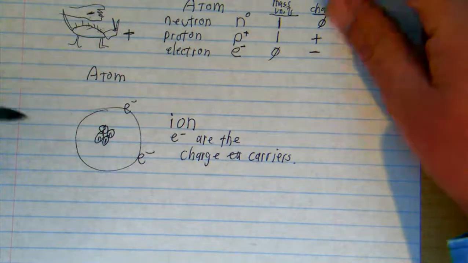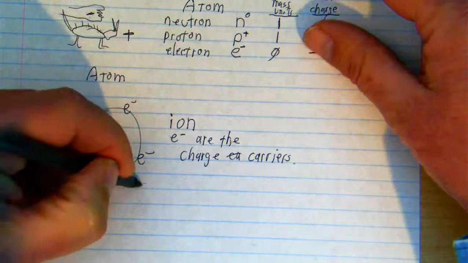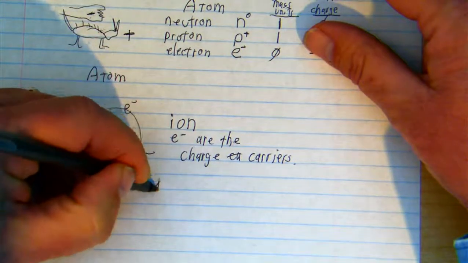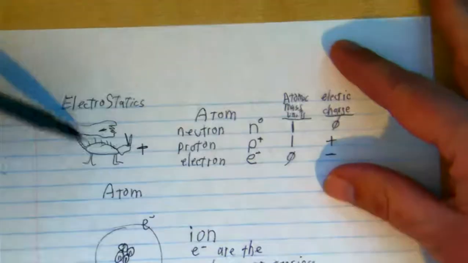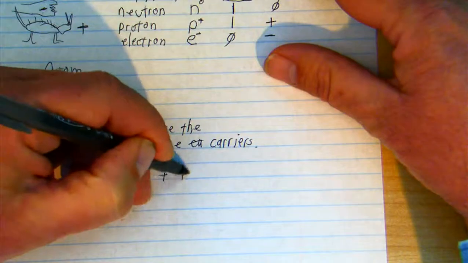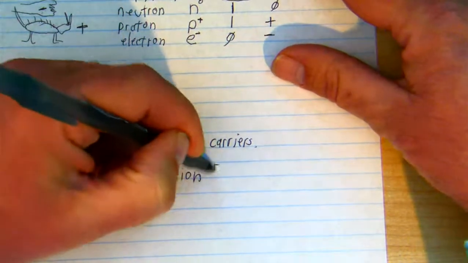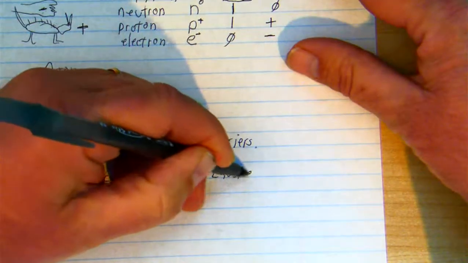And I don't care if you remember, but a cation is like this guy's cat, that is a positively charged ion. That means it has lost electrons.